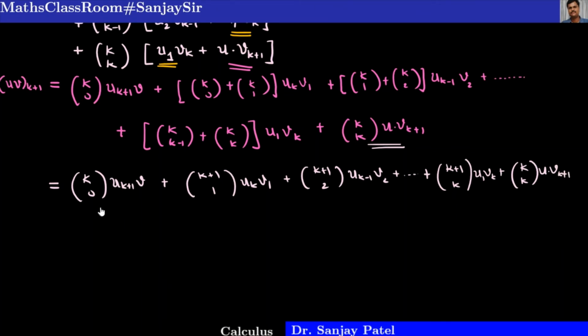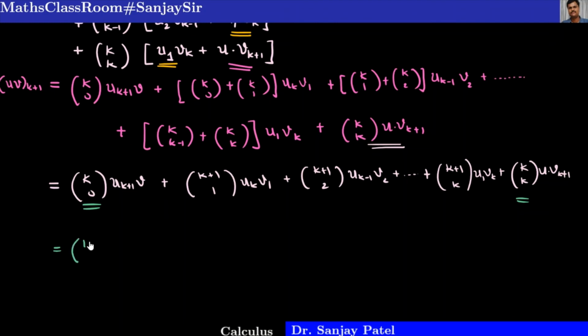Now we know that kC0 and kCk are both 1. So I can replace that by any other value which gives me 1 as the combination.